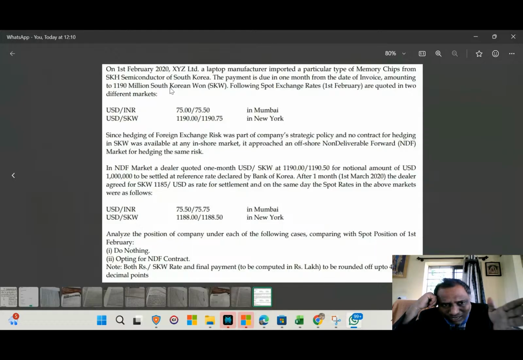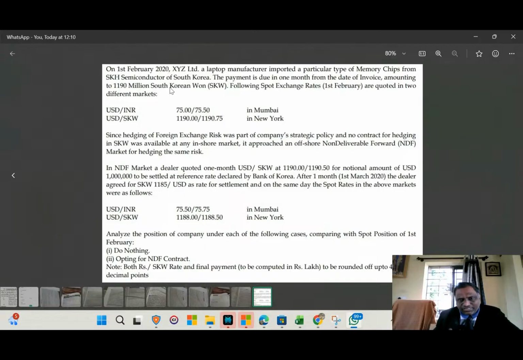If I give 1 lakh dollars, how many South Korean won will come? 1 lakh into 1,190.5.